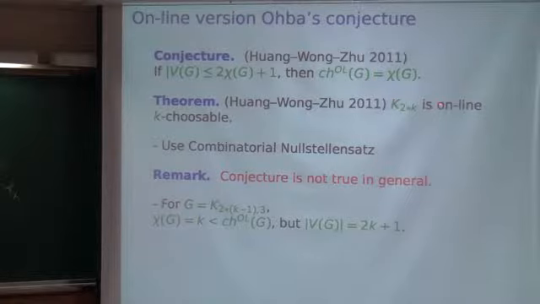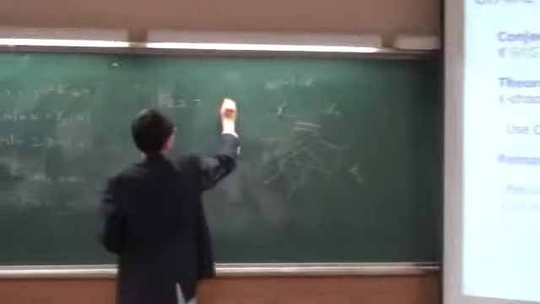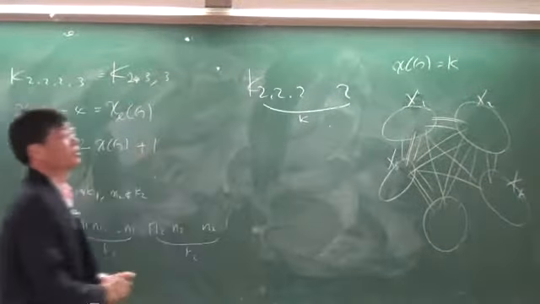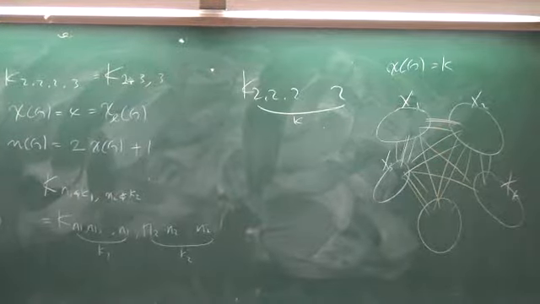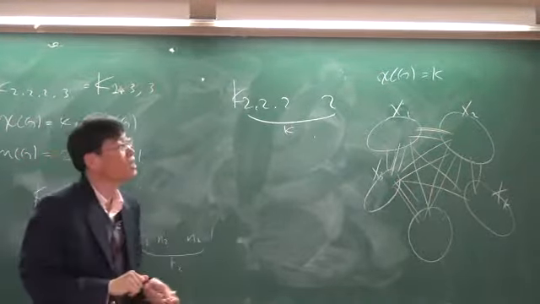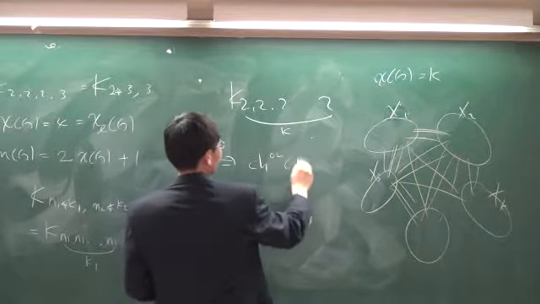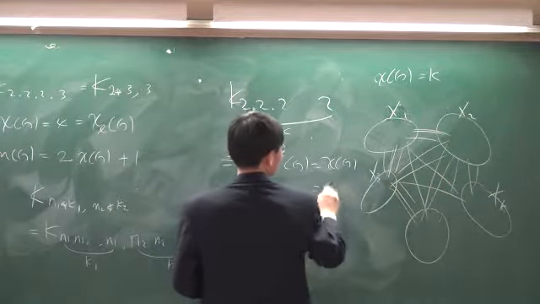And also they proved that this graph is online k-choosable. It means each subset has two vertices. In this case, the chromatic number and the online choice number are the same, equal to k.